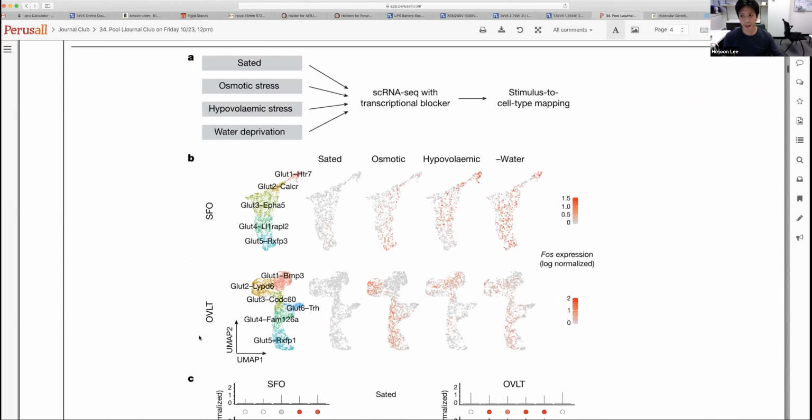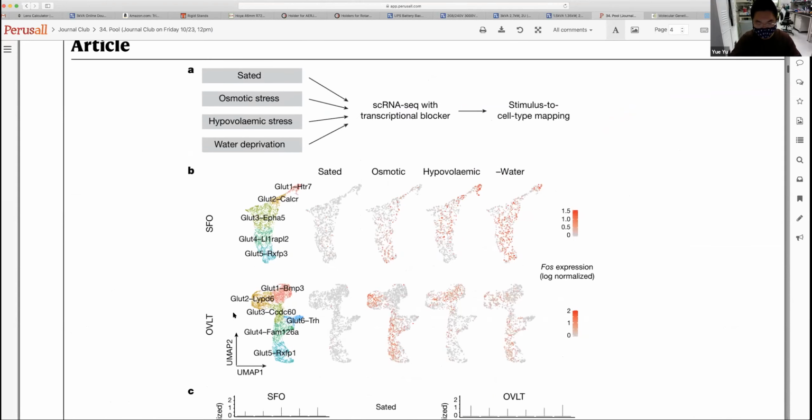Okay, next figure. Do you just want to go do the next figure also, since it's pretty simple? For the next figure, I think they applied 4 different conditions to the mice. In the previous figure, they just analyzed regular mice.